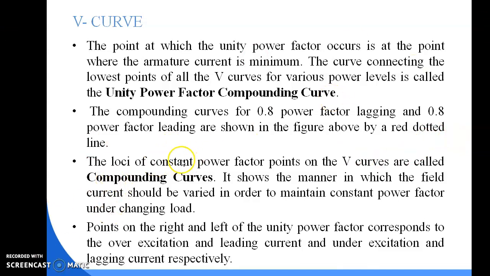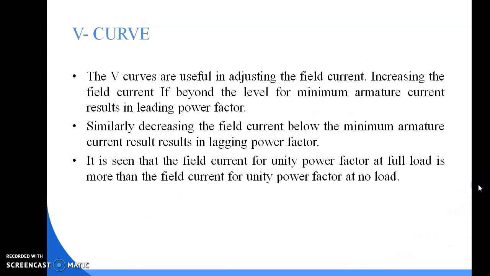The loci of constant power factor points on the V curves are called compounding curves. It shows the manner in which the field current should be varied in order to maintain constant power factor under changing load. Points on the right and left of the unity power factor correspond to over-excitation and leading current, and under-excitation and lagging current, respectively.